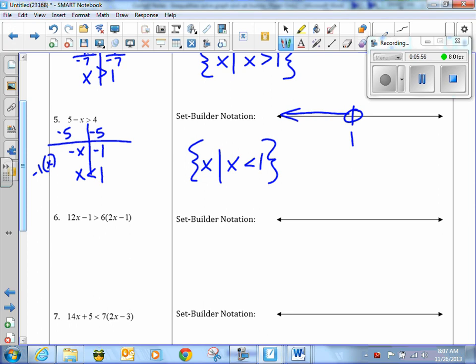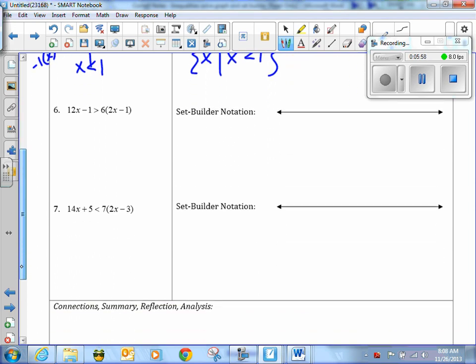Okay, so let's go ahead and kick our inequalities up a bit. You may have practiced with these in 6th grade or not. Really, it's just like a multi-step equation. The only difference is that we're dealing with inequality symbols. So the first thing I'm going to do is distribute.